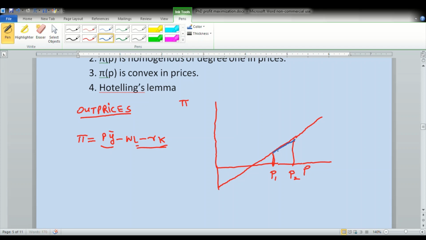But because the output price increases, you definitely will want to change the output. You know that this was your profit at price vector P. So at another price vector, this output vector cannot be profit maximizing, and so you'll be changing your output vector with the result that profit will not be increasing from here to here.